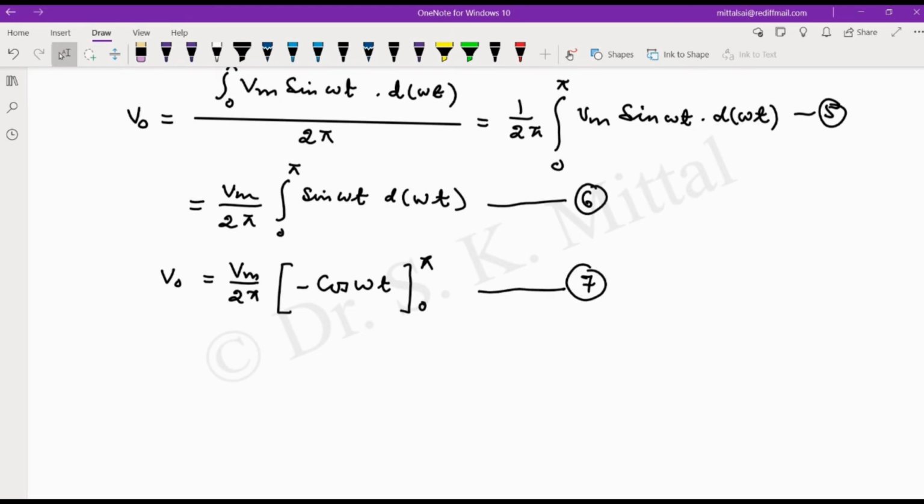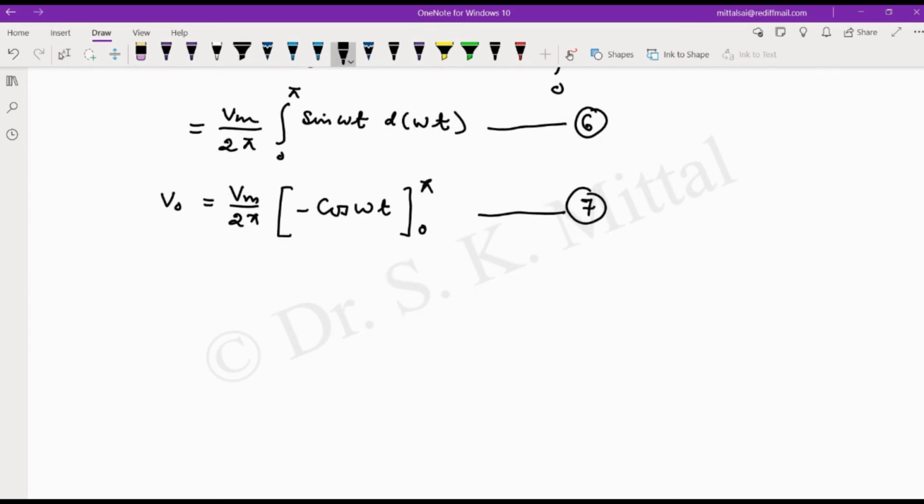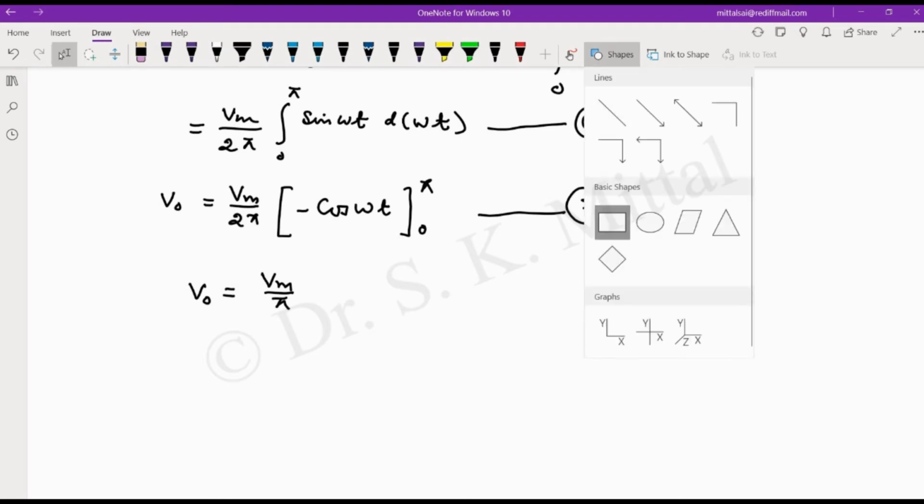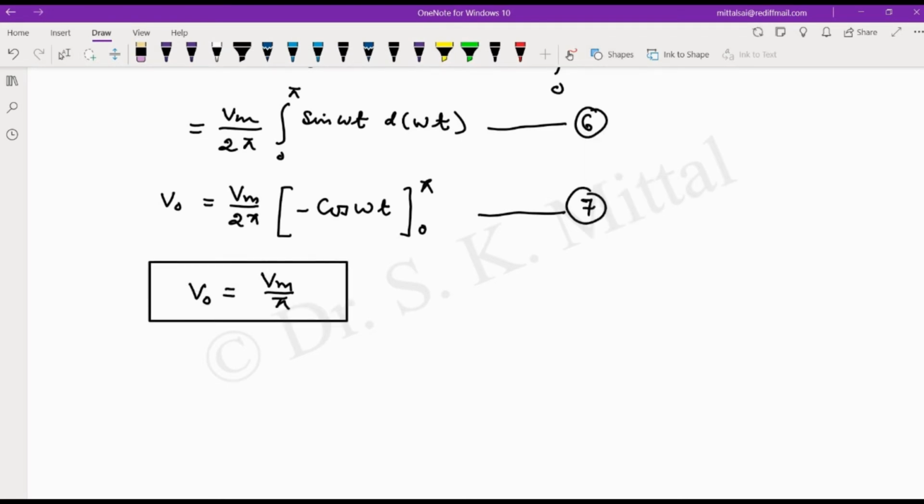If we solve this equation by putting in the limit, then we get V0 equal to Vm upon pi. So this will be the average value of output voltage for the half-wave rectifier. So this will be represented by equation number 8.